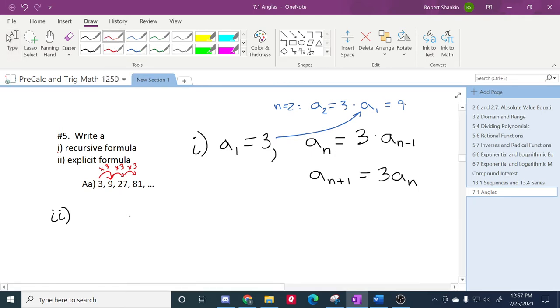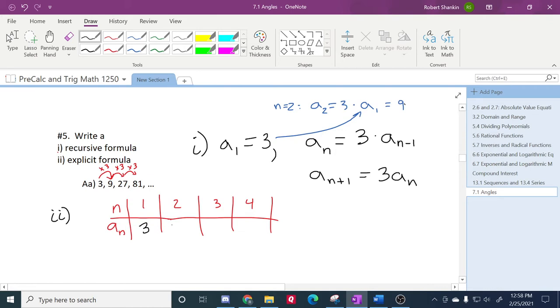And you don't have to do this, but what I tend to do is I make a structure for this. And n is 1, 2. And then here's the sequence.